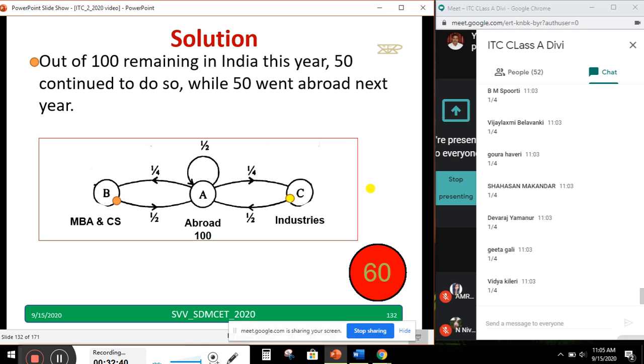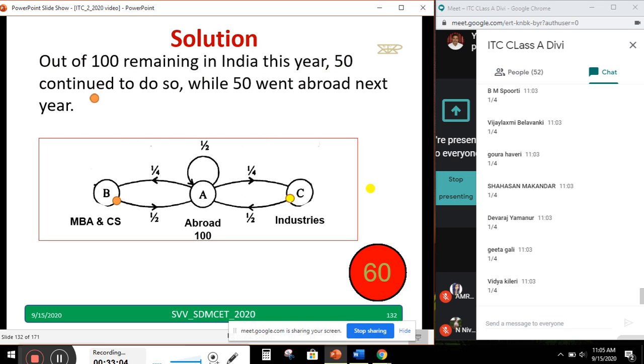Again, out of 100 remaining in India this year, 50 continued to do so. It means 50% are going to be in India only. 50 continued out of 100, it will become a half. So therefore, I will get a half.